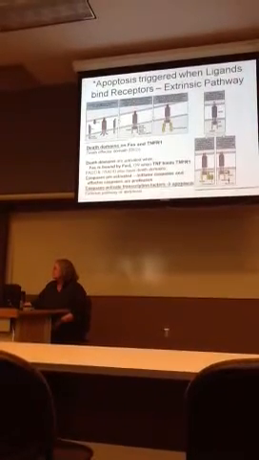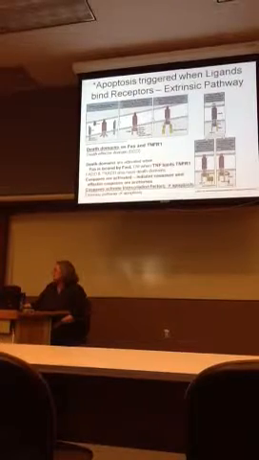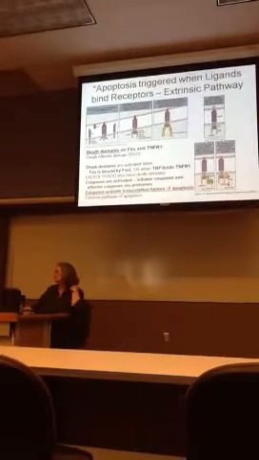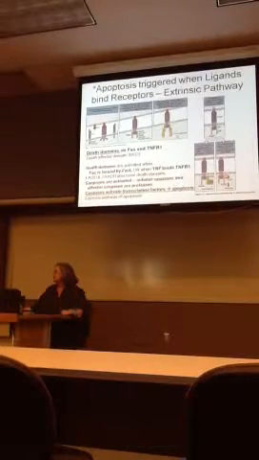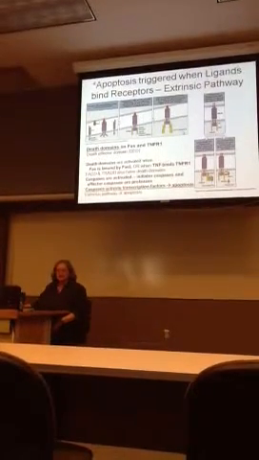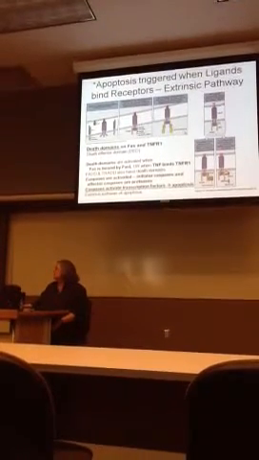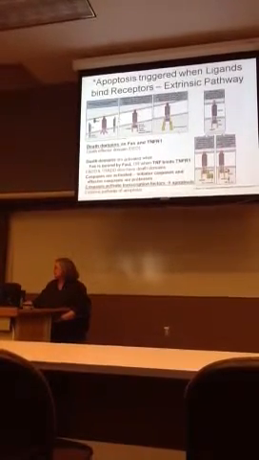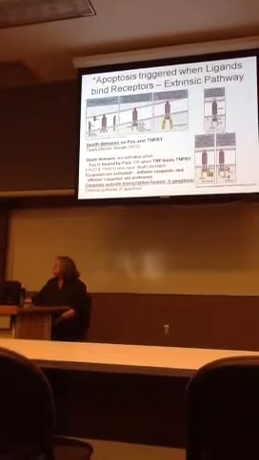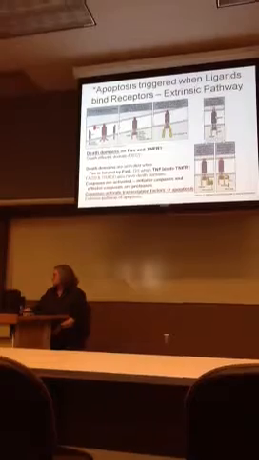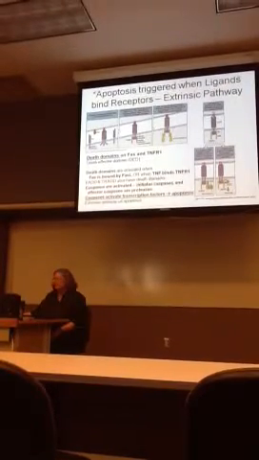This structure, the FADD, binds, and that's an activated structure, and it in turn activates something else called the caspase cascade. This is a procaspase. I'll talk about it in just a minute. On the tumor necrosis factor receptor, the tumor necrosis factor can be an adhesion molecule.